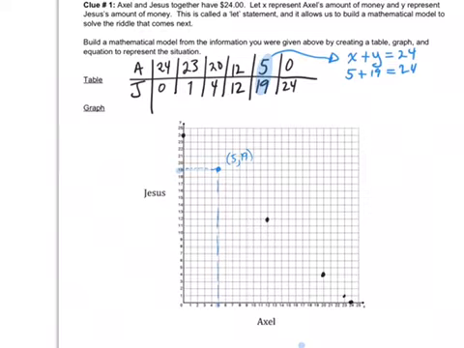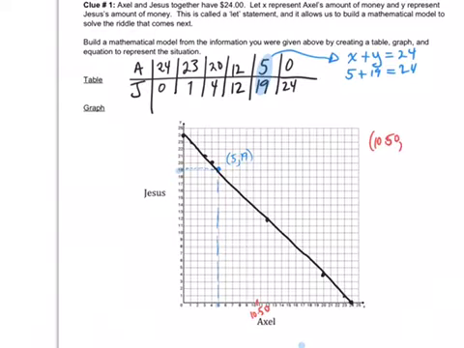And if you fill out that table very rigorously, and you get lots and lots of points, you'll notice all these nice whole number points giving you a nice straight line. And the reason why I fill in that line is because there are other points on this line that are not whole numbers. For instance, there's the scenario in which Axel only has $10.50.